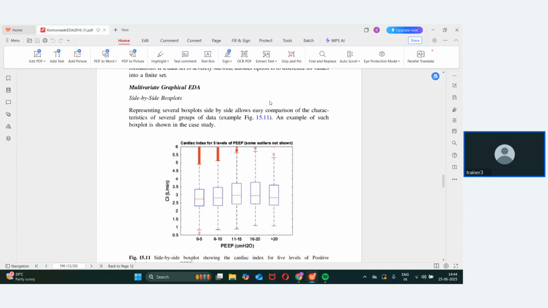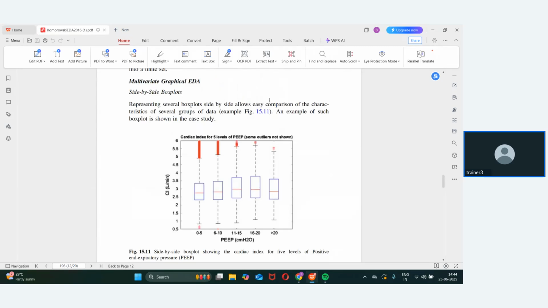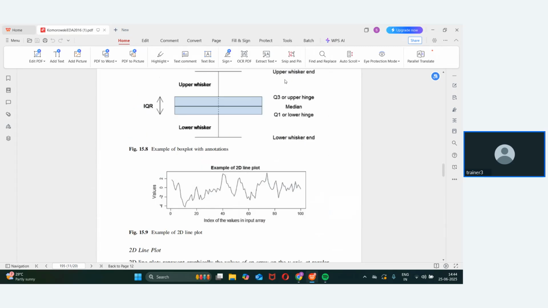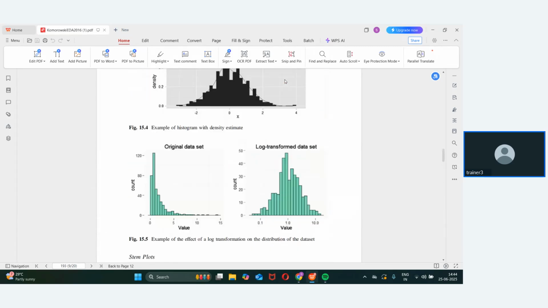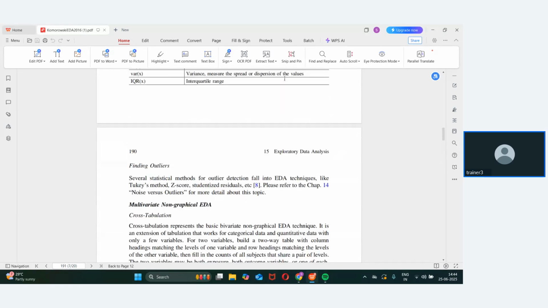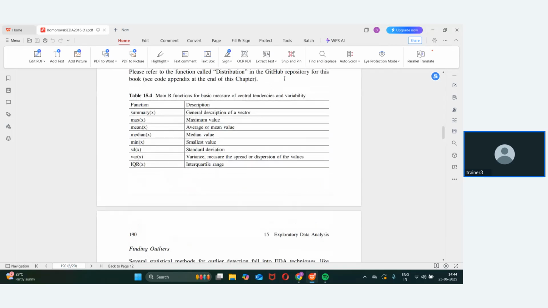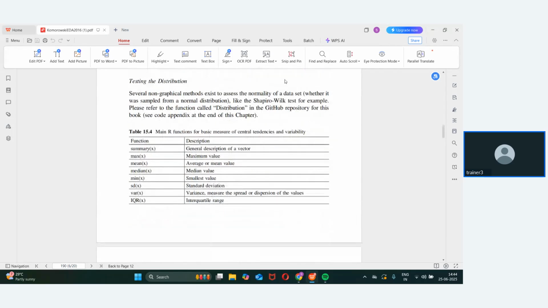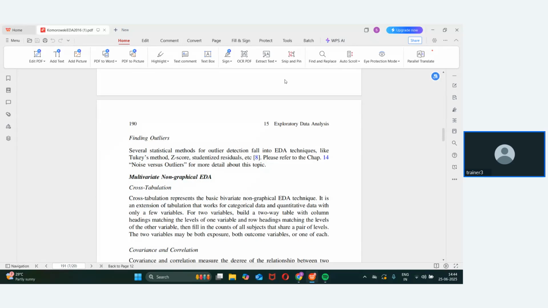So yeah, let us further go into multivariate non-graphical EDA. So we were looking at that. Now let us continue. I have already mentioned what an outlier is, right? So how do you find outliers?